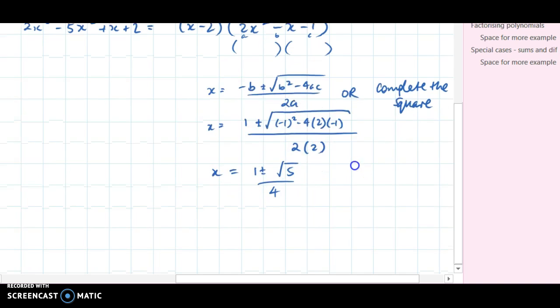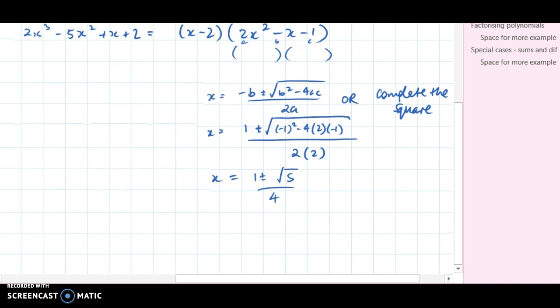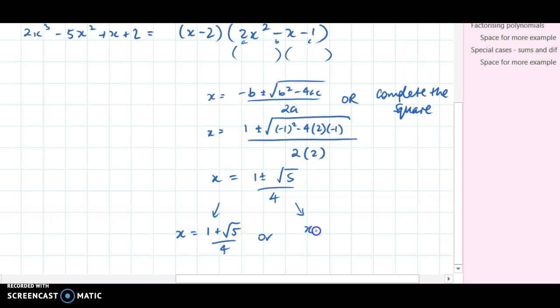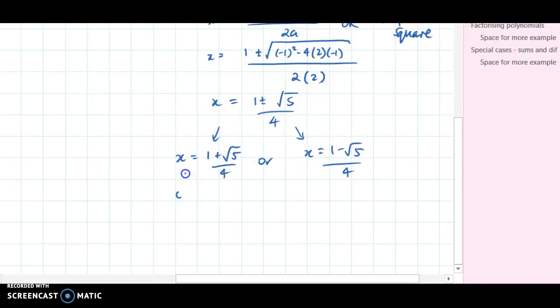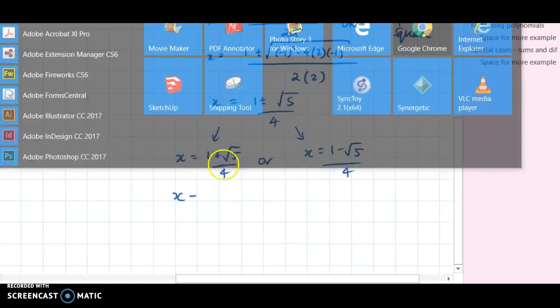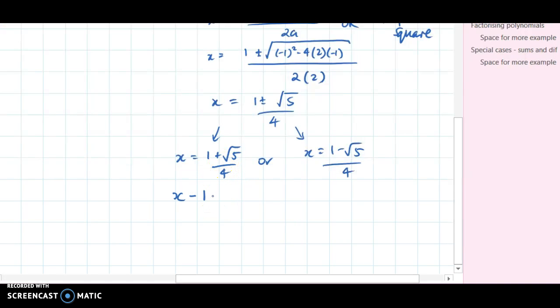Then it means in the brackets, let me just show you the two answers. X equals 1 minus root 5 on 4. Okay, so if you move this whole thing to this side, you would get x minus this whole thing, and the plus becomes a minus.